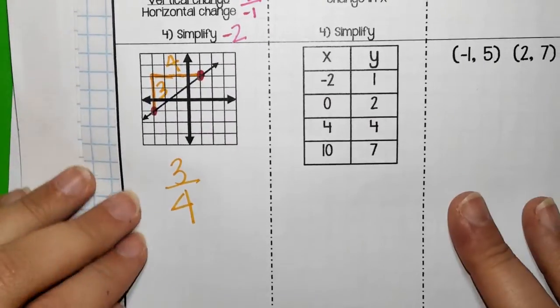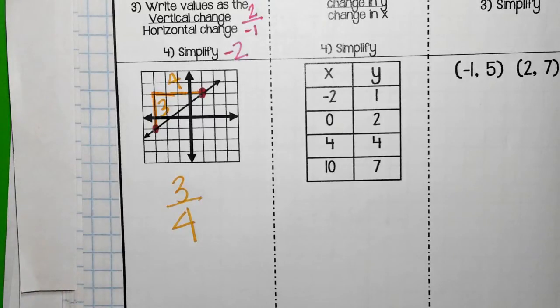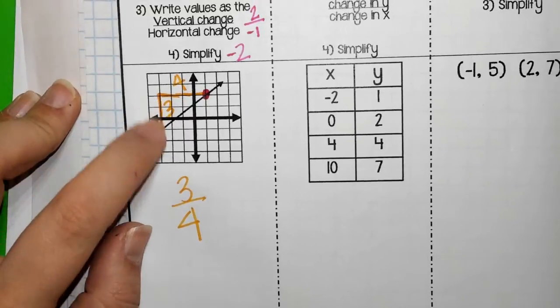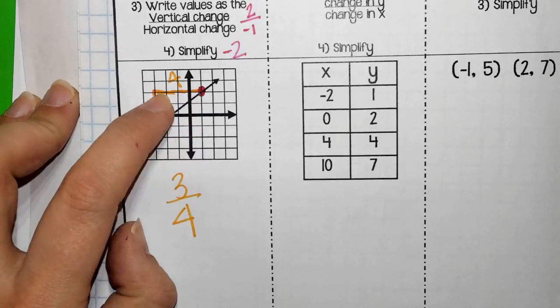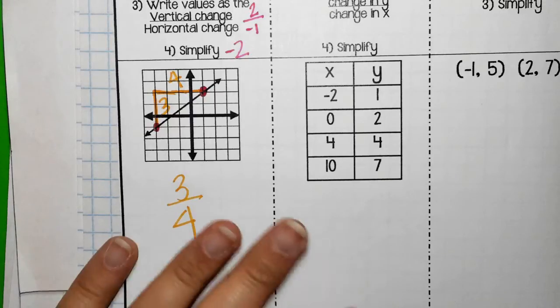Yes, Tiara? That's right. You see how when you're counting the squares, there's a little triangle, it doesn't go to the whole square, it's almost half a square.